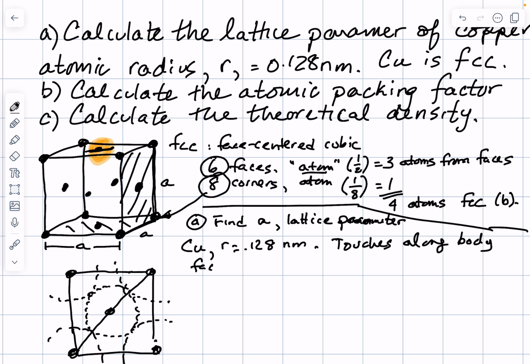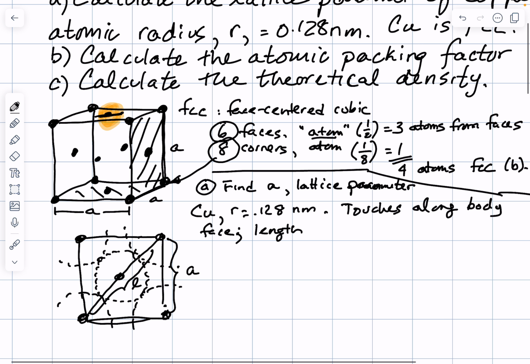The fact that they touch is quite helpful to us, because that face diagonal length, if I just give it a name, L, and of course this length is A, and the bottom length is A. By Pythagorean theorem, we see that L squared is equal to A squared plus A squared.